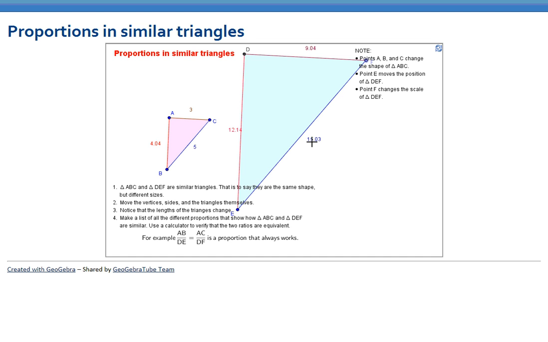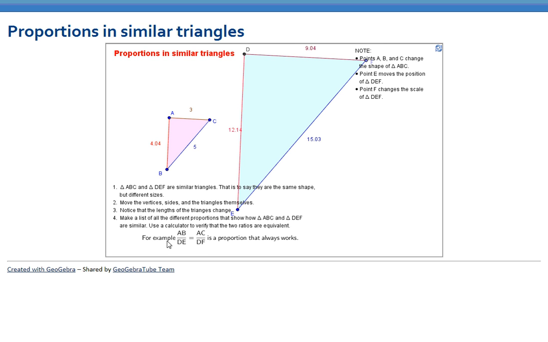So roughly 15 to 5, 15 divided by 5 is 3, so this side is 3 times longer than its corresponding side here. Here you're going to have roughly 9 divided by 3, again 3 to 1, and roughly 12 divided by 4, again 3 to 1. So whenever you're dealing with similar triangles, the proportions of corresponding sides will always be the same.